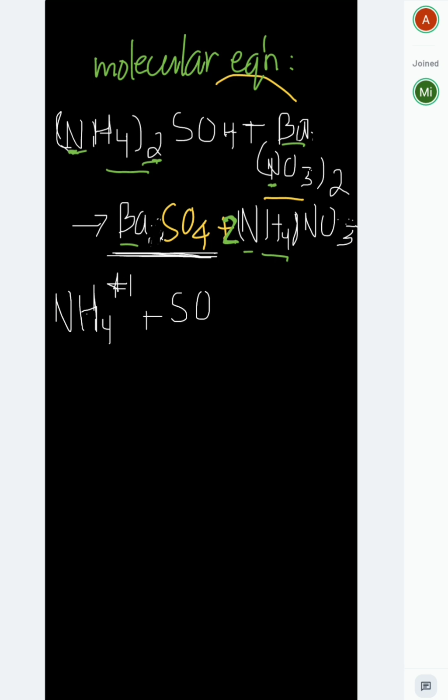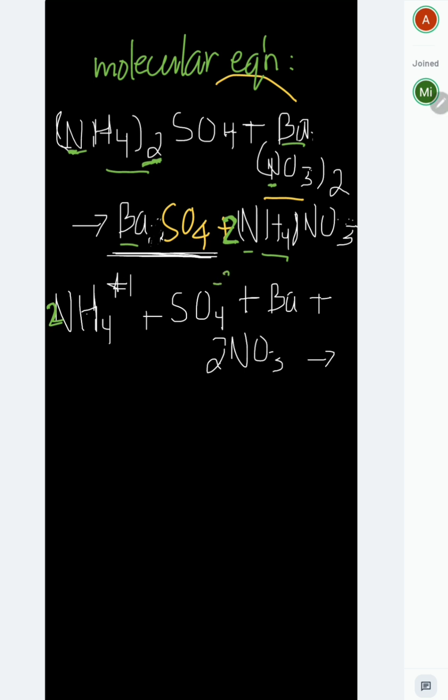NH4 plus. Okay, so you have 2. Take note, the subscript of ammonium is 2, so you put here 2 moles of NH4 plus. You do like that. Yeah, so you put the charge.